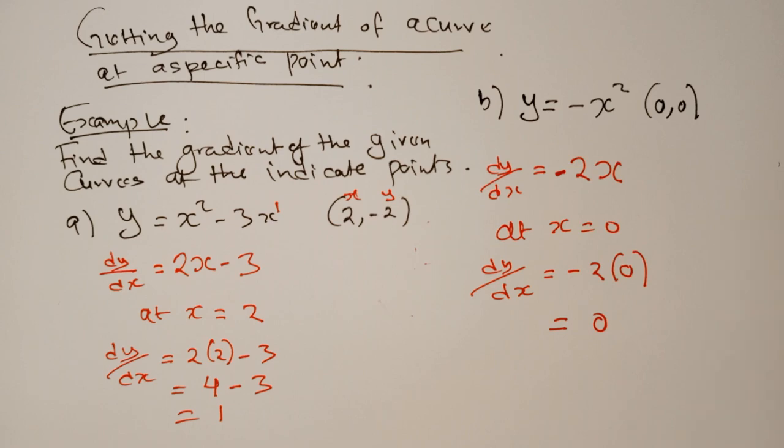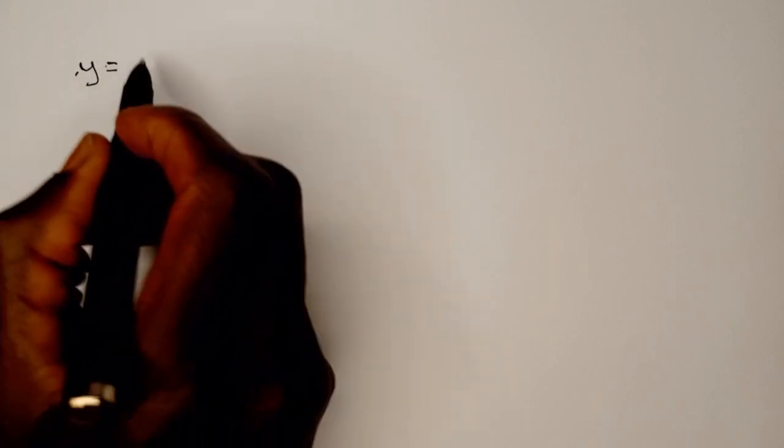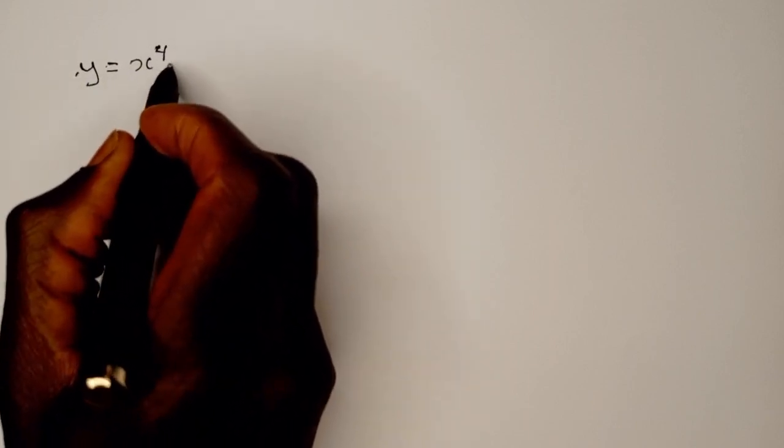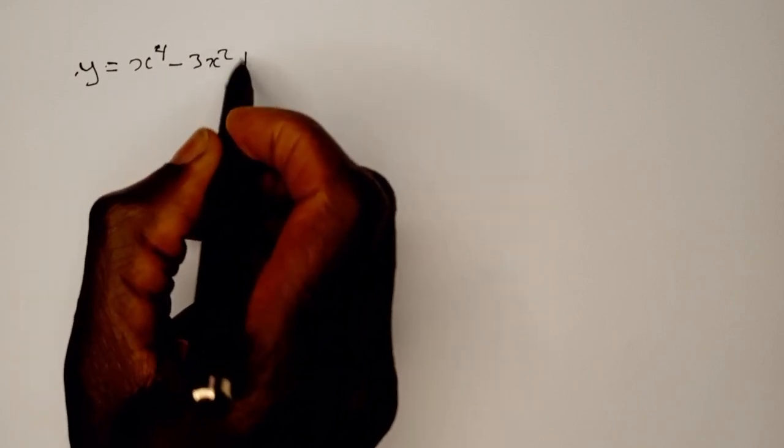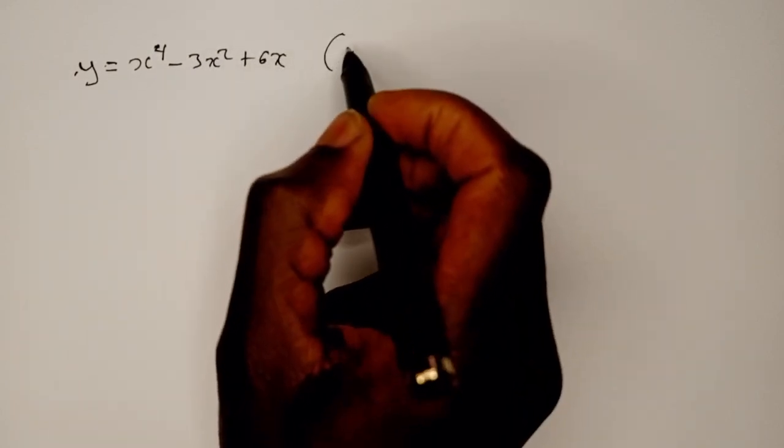Then the last one we can do, we are told to find the gradient of this function, x raised to 4 minus 3x squared plus 6x at (1, 4).